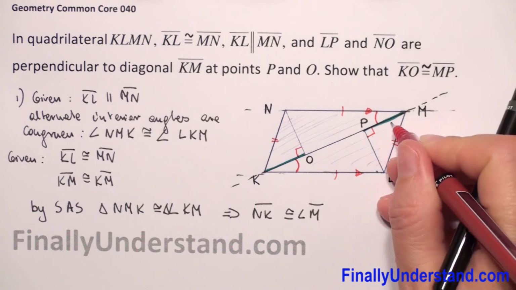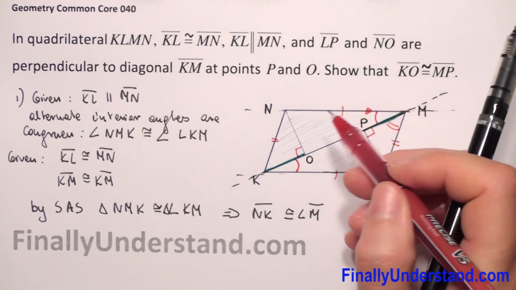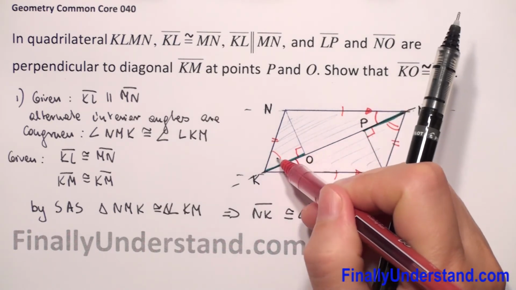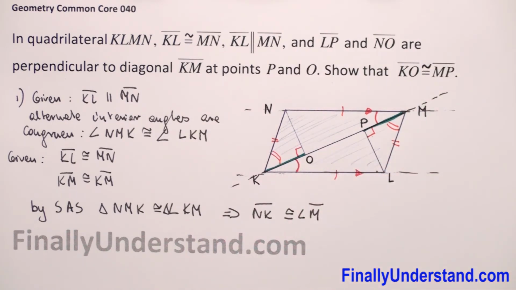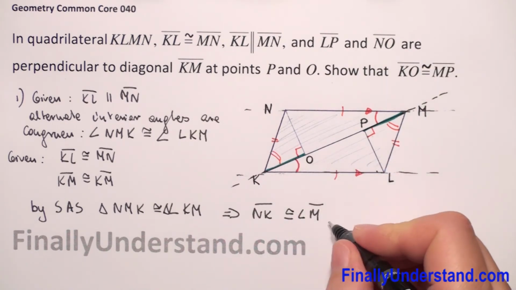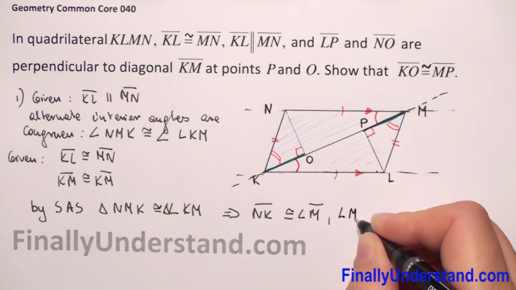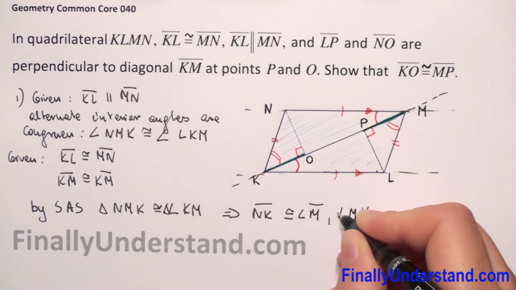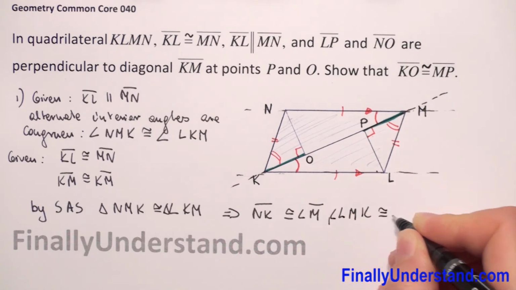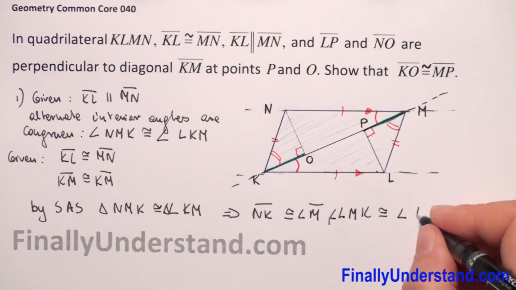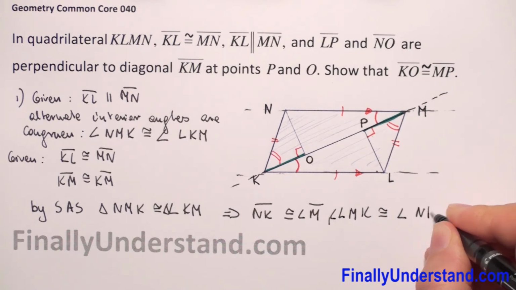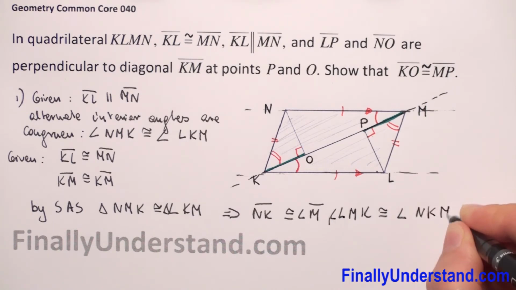So this angle is congruent to that angle. So the second information is that angle LMK is congruent to angle NKM.